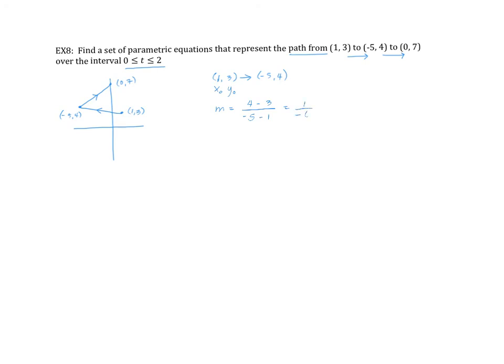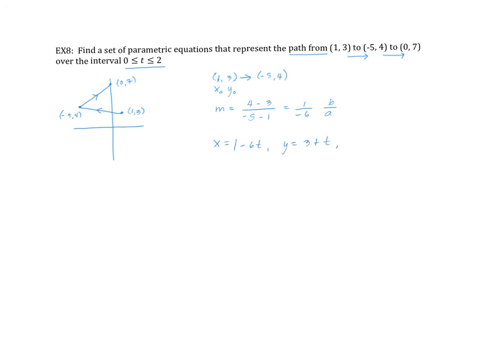And I'm going to keep the negative in the bottom. So my b is going to be 1, and my a is going to be -6. X is going to be equal to 1 minus 6t. Y is going to be equal to 3 plus t.